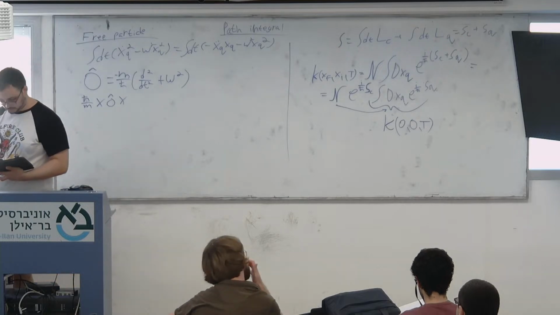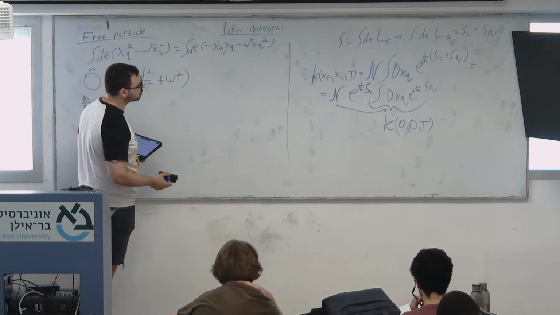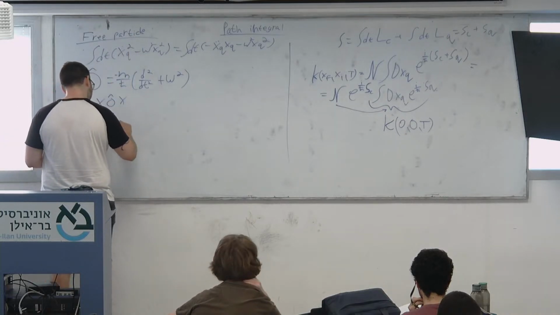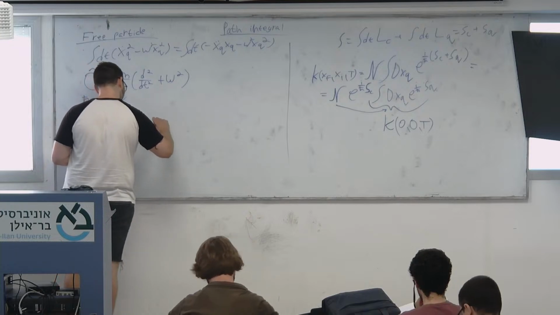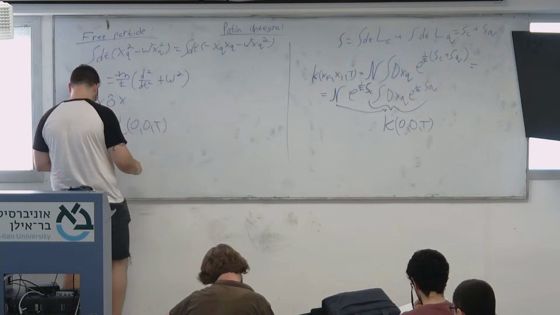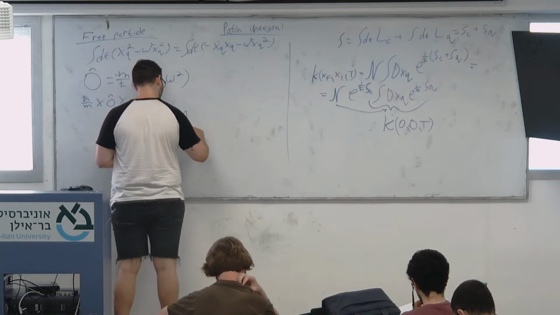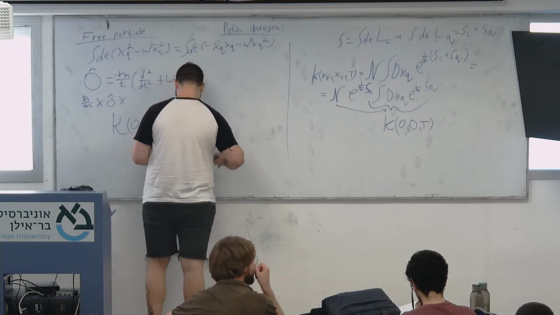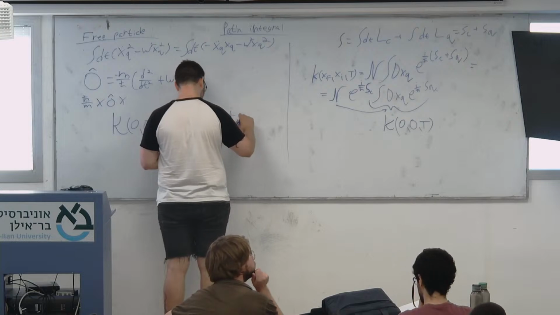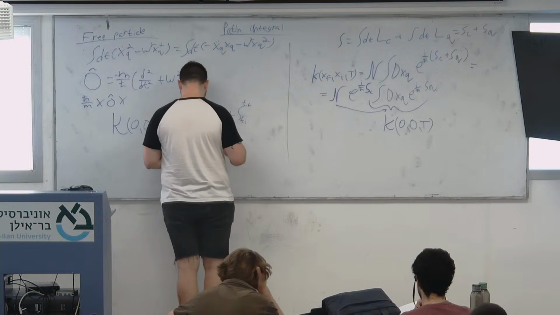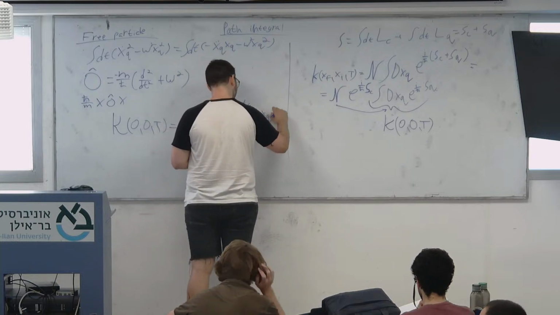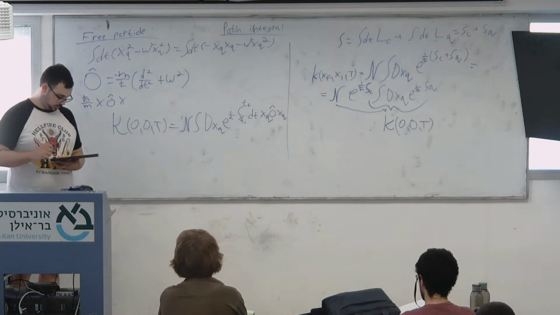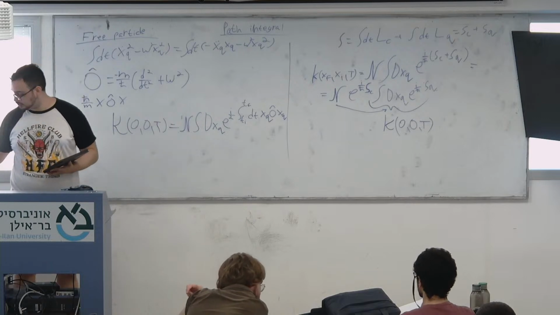So now, if we put everything back into our e to the i divided by 2, the integral dt x_Q O x_Q. Okay. Now for the diagonalization.